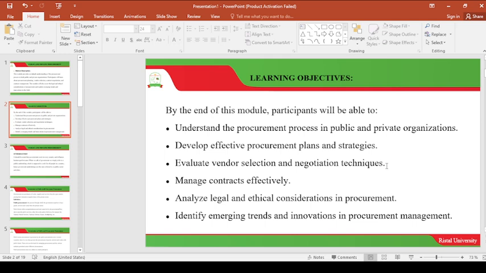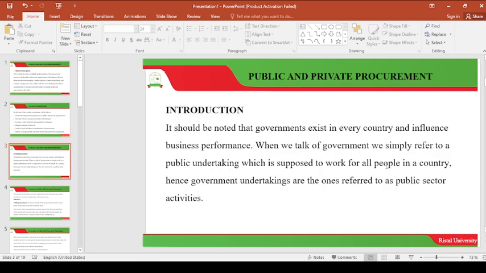Also, at the end of this module, students will be able to identify emerging trends and innovations in procurement management in both the private and the public sector. So let's introduce ourselves to the module.